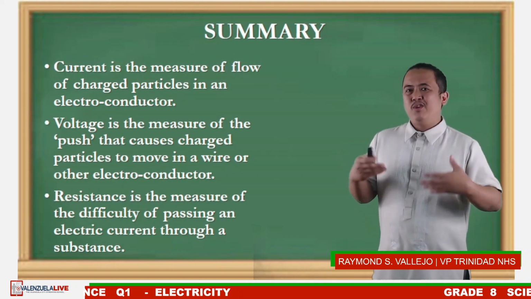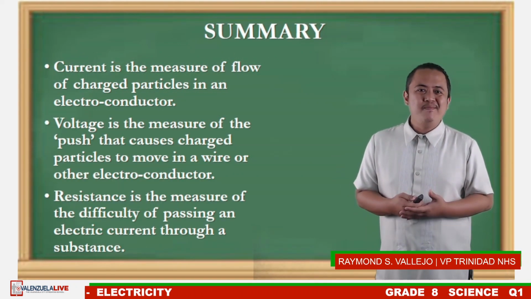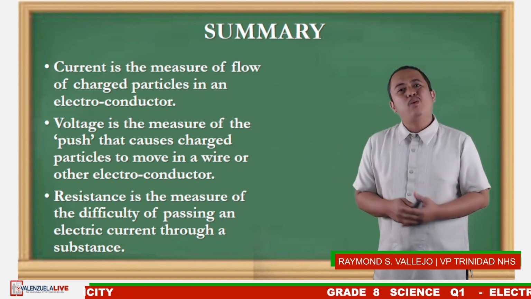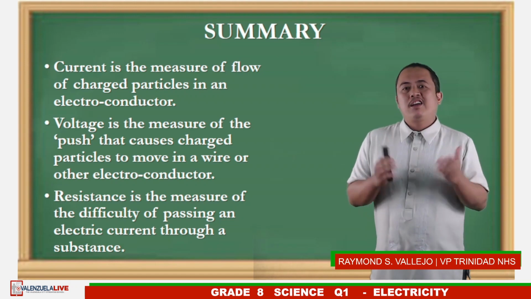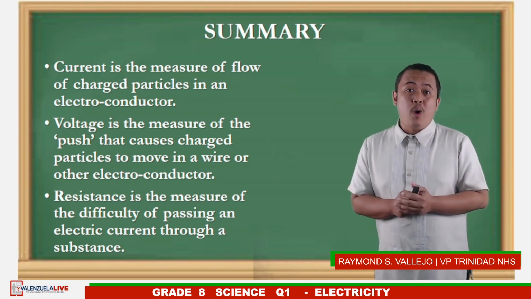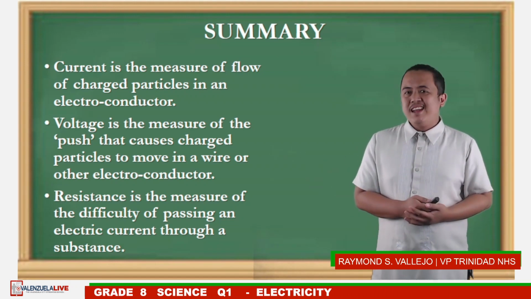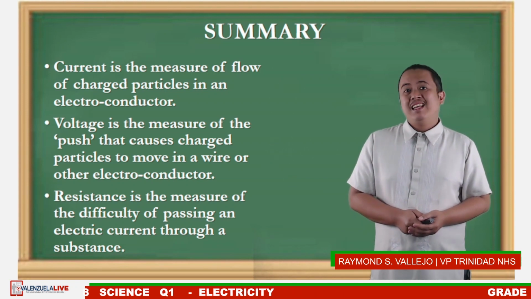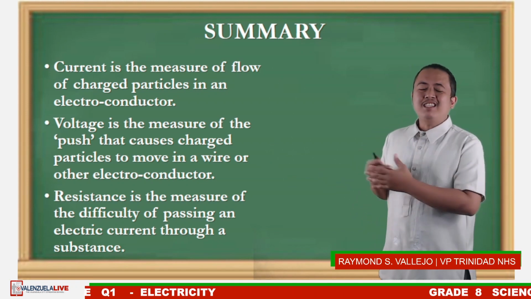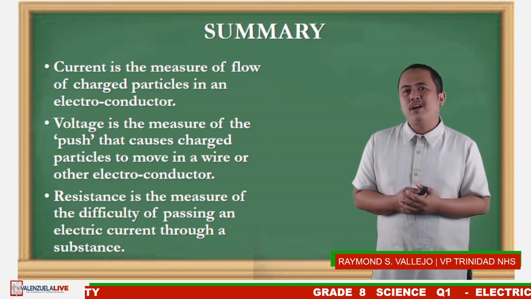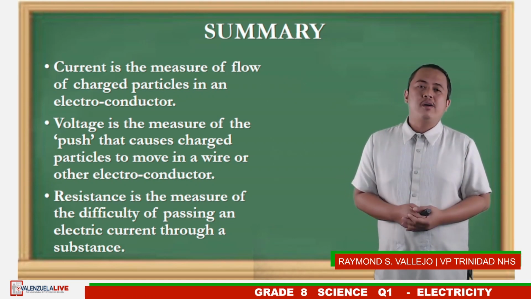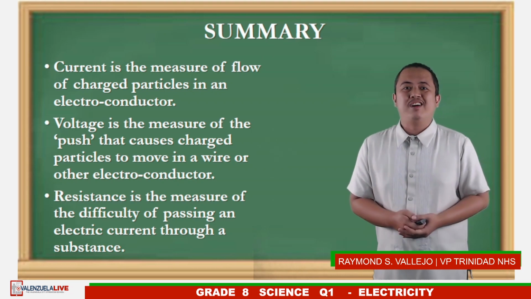Now that you have learned a lot for today's session, let's have a recap of the most important points to remember. First, current is the measure of the flow of charged particles in an electroconductor. Second, voltage is the measure of the push that causes charged particles to move in a wire or an electroconductor.